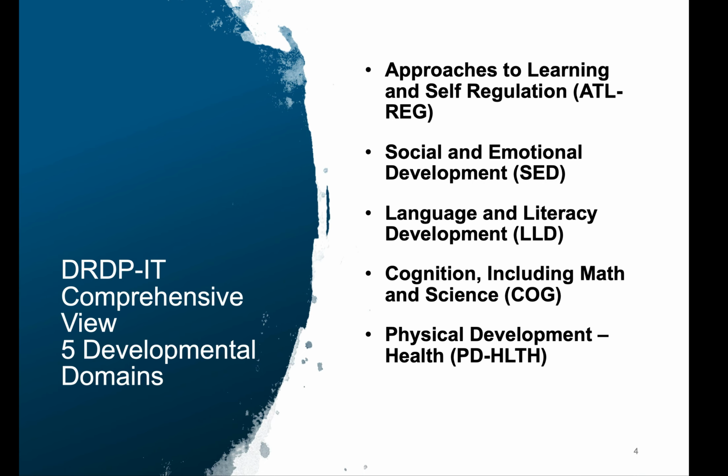Our next view of the assessment is your DRDP Comprehensive View for infants and toddlers. This view includes 5 domains: approaches to learning and self-regulation, social and emotional development, language and literacy development, cognition including math and science, and physical development health.